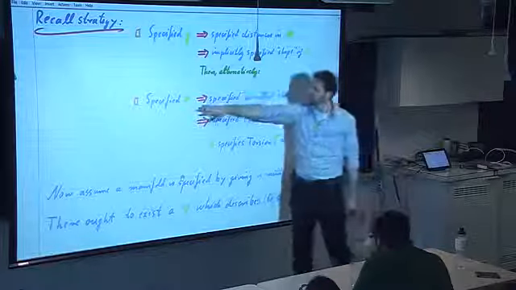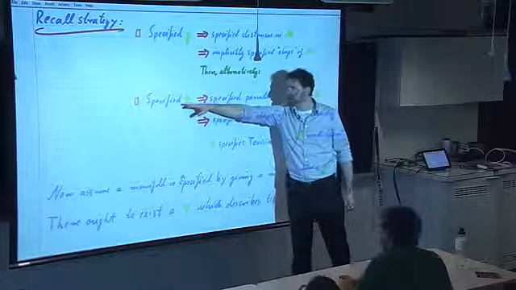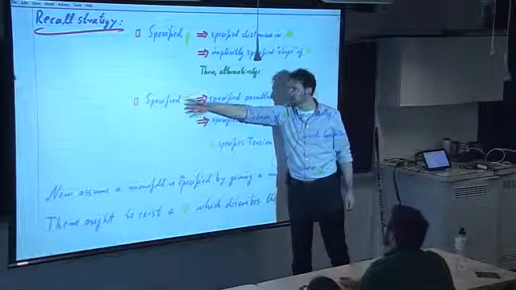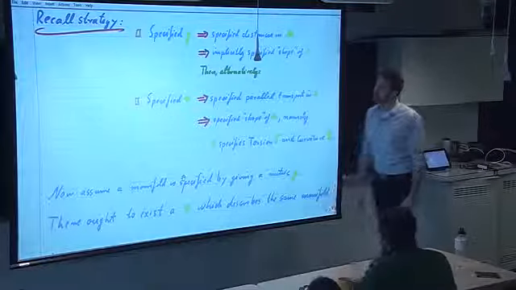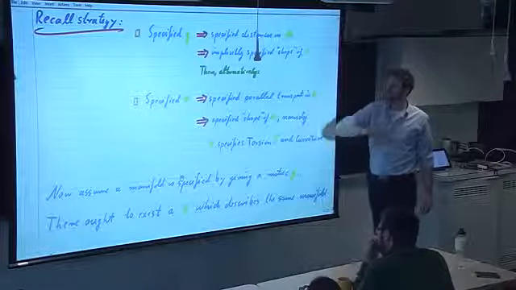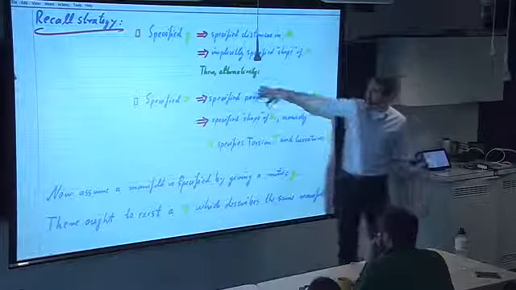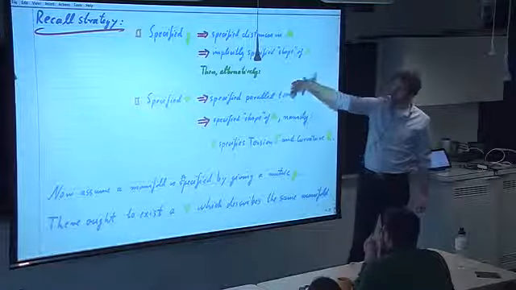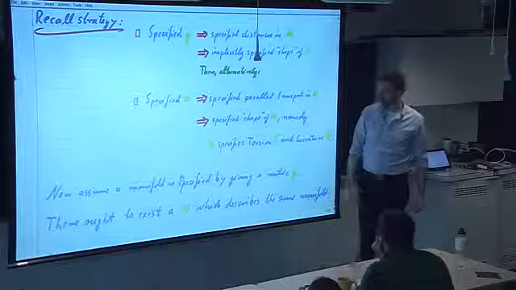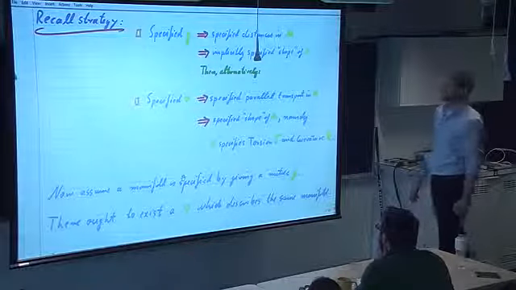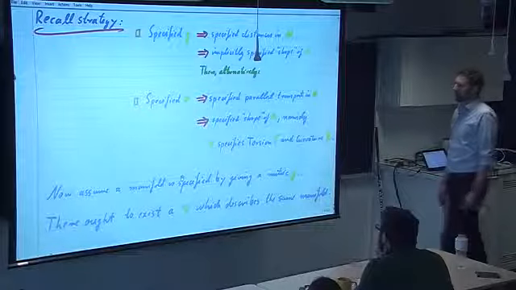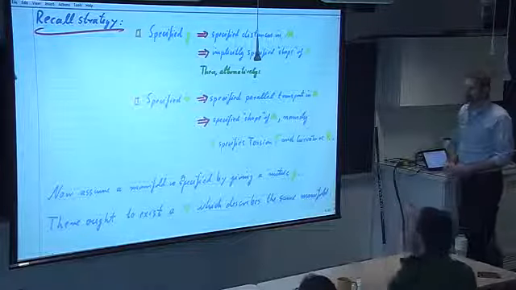Alternatively, we saw that we can specify parallel transport. We can specify the covariant derivative, so how a vector changes as you parallel transport it infinitesimally. And that too, the non-triviality of parallel transport, described the shape of a manifold, both the curvature and the torsion.